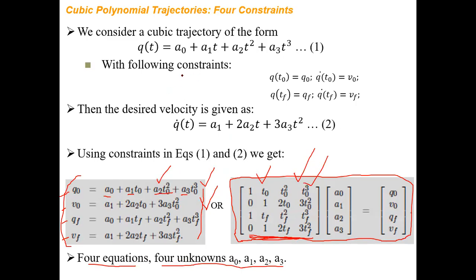Then once you find them, you plug them in here. That's the trajectory of your robot for a particular joint. Now similarly, you have to do the second joint, third joint, depending on how many joints you have. Does it make sense so far?